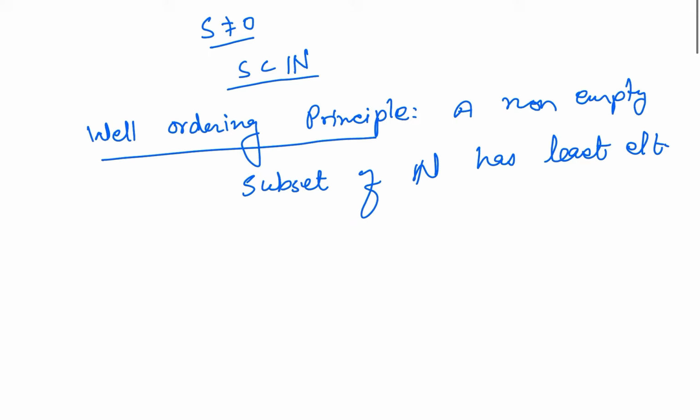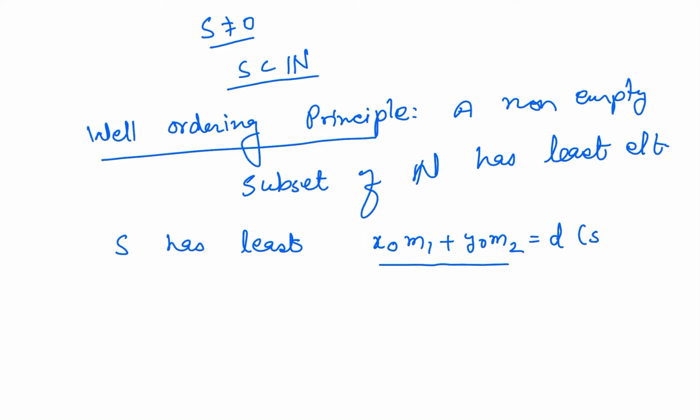That means S has a least element. Let us say this element is x naught m1 plus y naught m2. We can say this is D. Say there exist x naught and y naught belonging to Z such that x naught m1 plus y naught m2 is the least element of S.